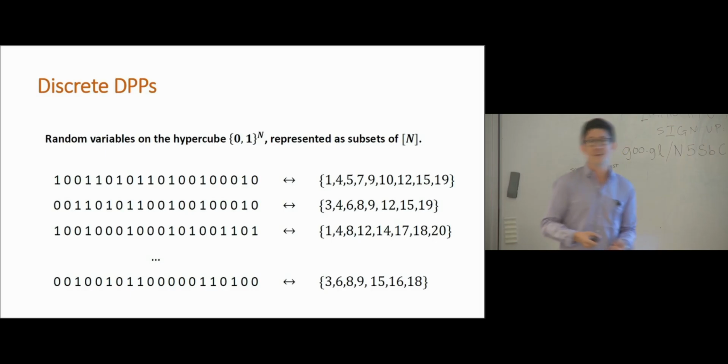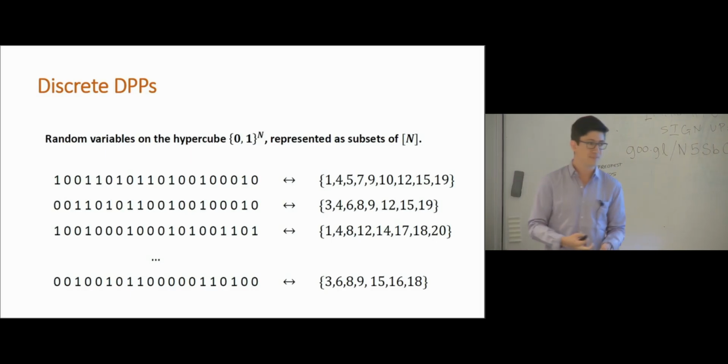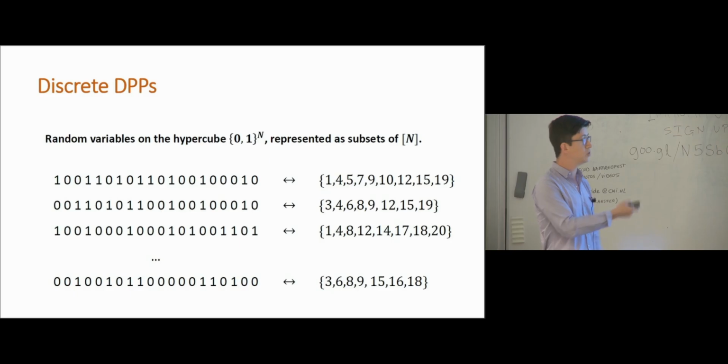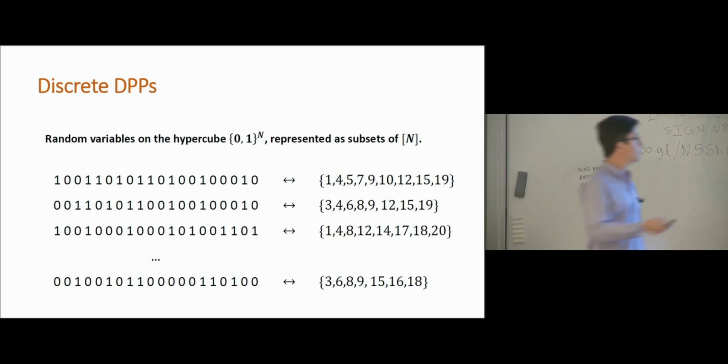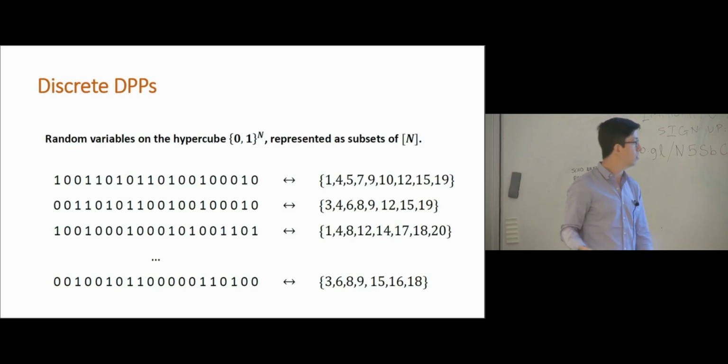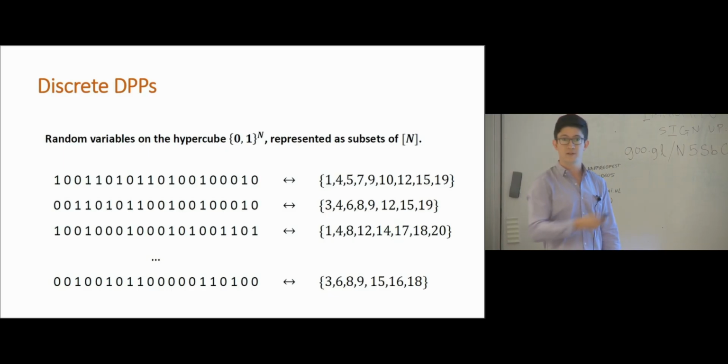Okay, so the realization of a discrete DPP can be represented as a finite sequence of binary random variables, but it can also be encoded as random subsets. If you look at the binary sequence, I have written 4 of them here, as a random vertex of the n-dimensional hypercube.